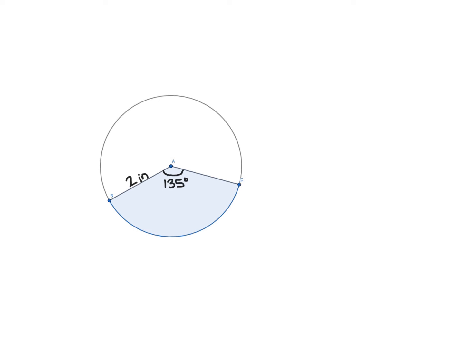All right, here's what we know. We know this angle right here is 135 degrees. That'll replace theta. We know 2 represents segment BA here, which is our radius. So input that into our sector area equation. So sector area is equal to theta over 360 degrees times the area formula, pi r squared.